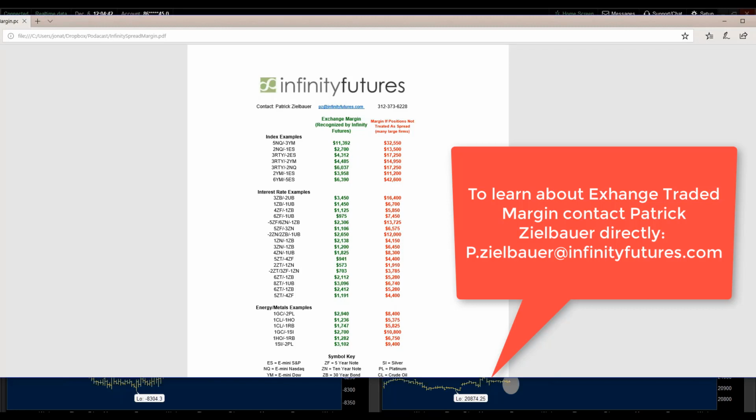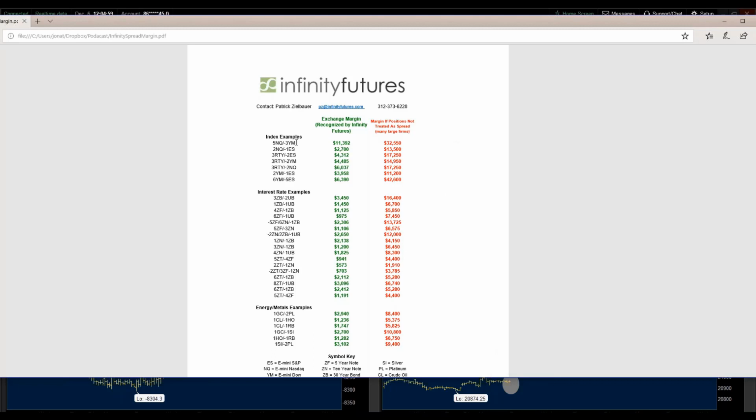So you'll be able to be short 5 and long 3, and instead of paying 32,000 in margin, you'll pay 11,000, because that's an exchange-recognized relationship. They're recognizing the correlation between the NASDAQ and the Dow. Okay, that's all that's saying.